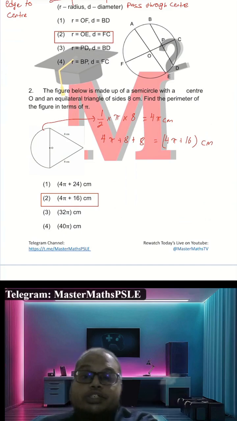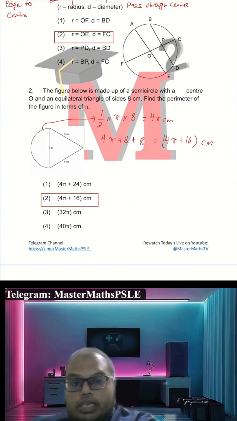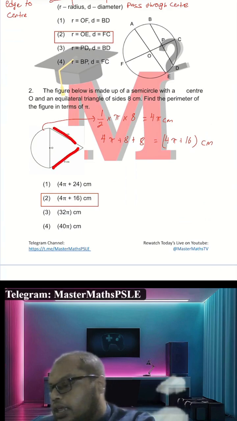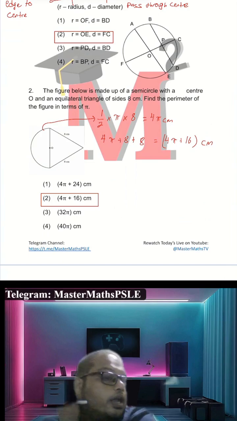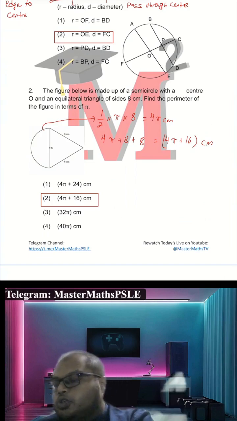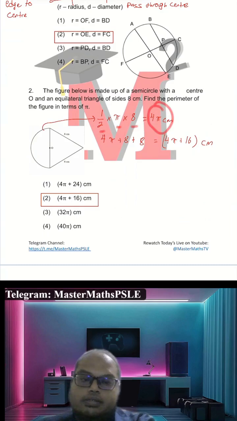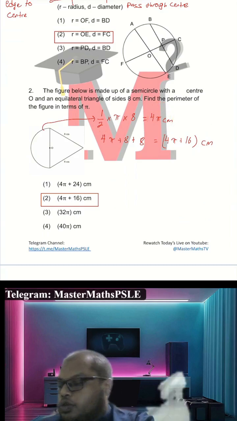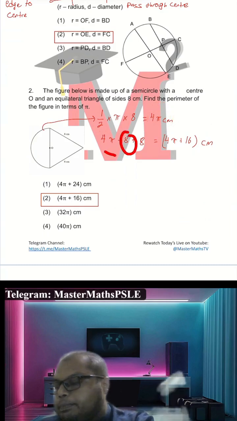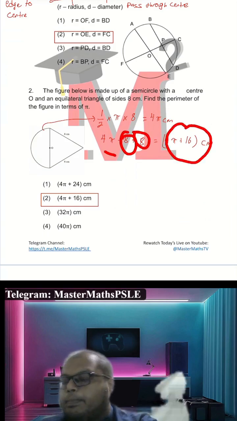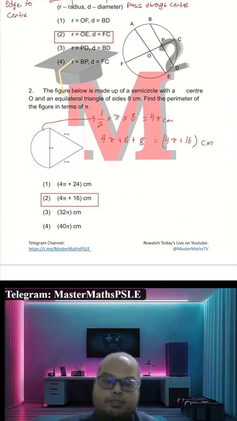Because it's equilateral triangle. So 8, 8, 8. Alright, this is PSLE maths, primary 6. So half times pi times 8 is 4 pi. So 4 pi plus 8 plus 8 becomes 4 pi plus 16 cm.